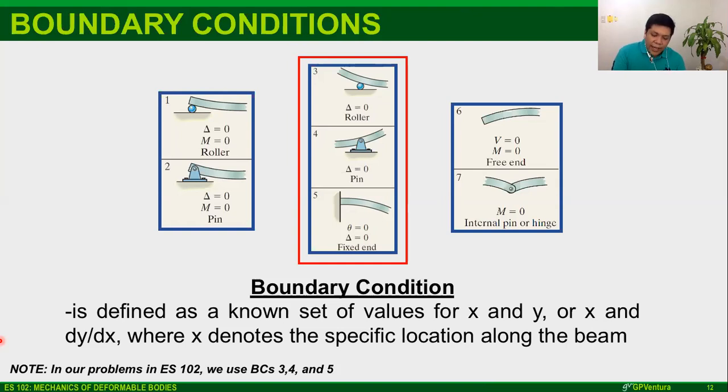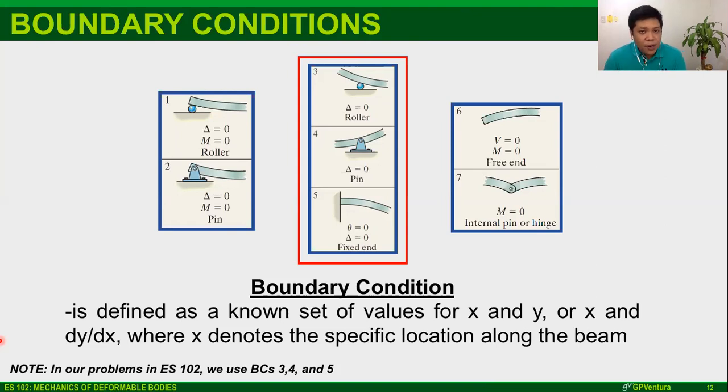Now, why can we use the support reactions as boundary conditions? As I have mentioned, boundary conditions are points where we have a known set of values or a known behavior. Now, when we say support reactions, we actually know the behavior of your support reactions.